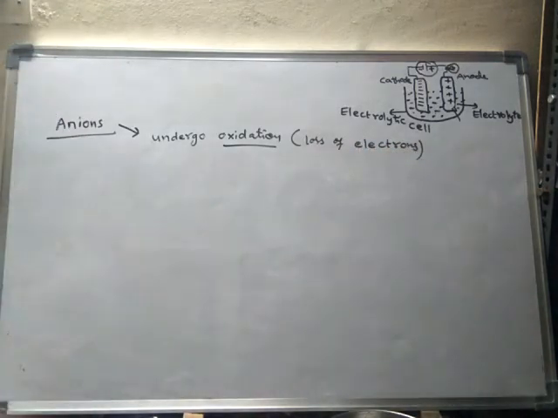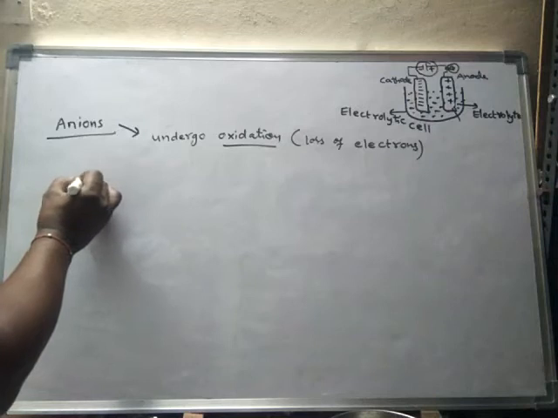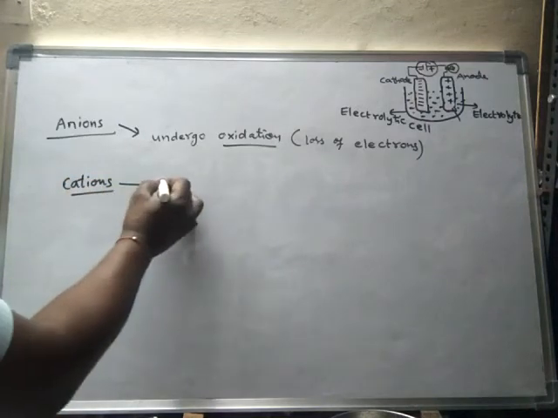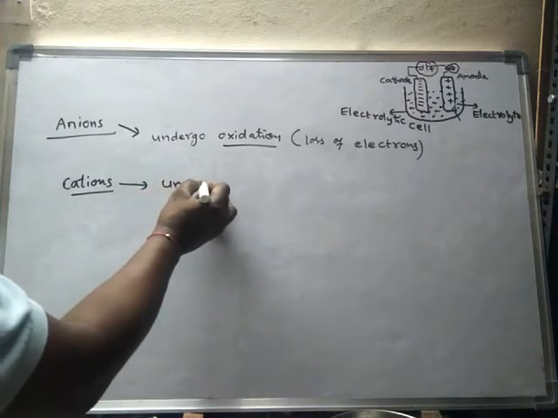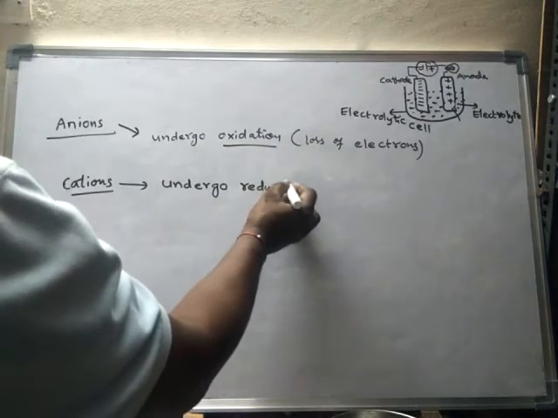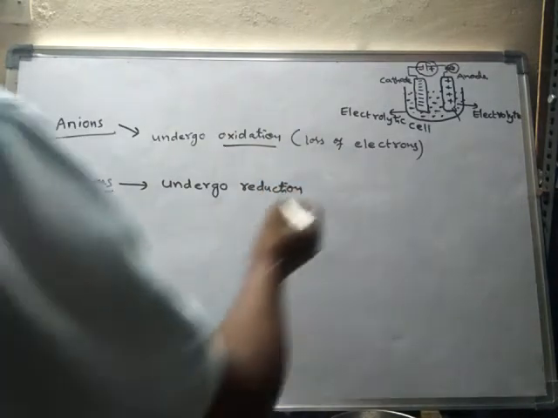That means anions are oxidized during the electrolysis process, by loss of electrons. Whereas cations undergo reduction. What is reduction? Reduction here means addition of electrons, that means gain of electrons.